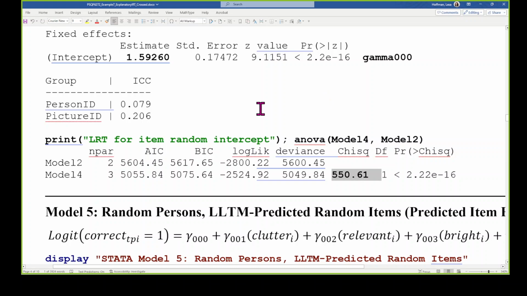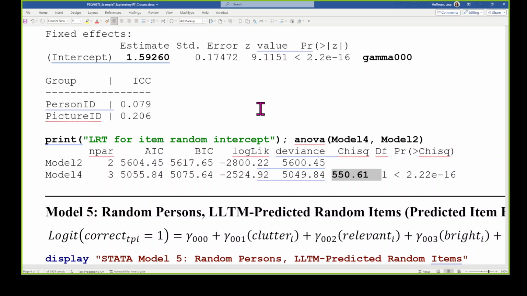So in this design, each person saw each item one time. Therefore, the interaction of person by item is the residual, what I'm calling trial. Can you repeat that again? Yep. In this design, each person saw each item only once.